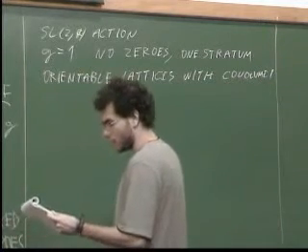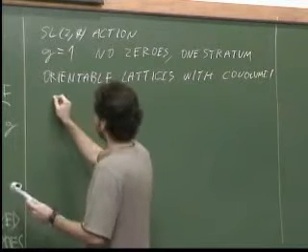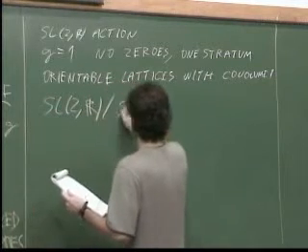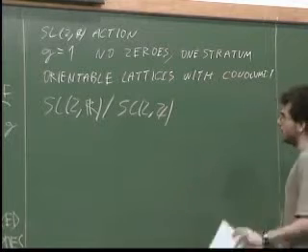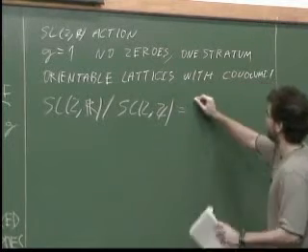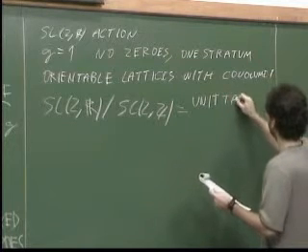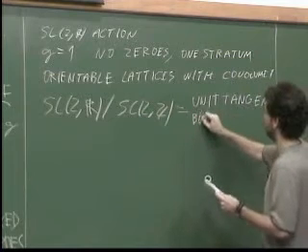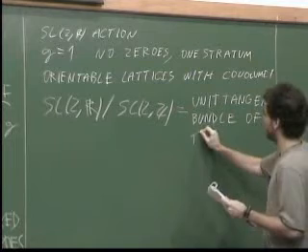The area is normalized to be 1, so that in R2. And this space is just the familiar SL2R over SL2Z, which is well known as, for instance, the unit tangent bundle of the modular surface.